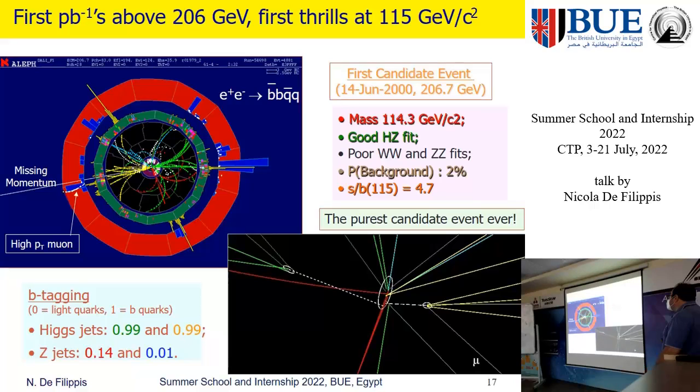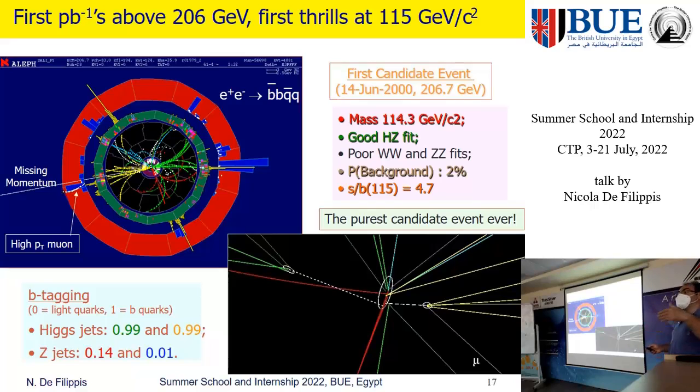But at some point in 2000, the Aleph experiment, which was one of the experiments along the LEP collider, identified some events that could be compatible with Higgs production. So they observed this kind of events, an e+ e- to b b-bar q q-bar event, which is compatible with the production of a Higgs particle with a mass of 114.3 GeV.